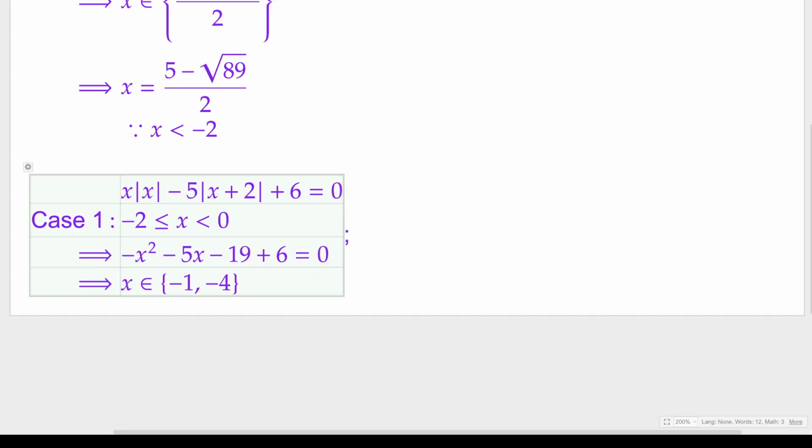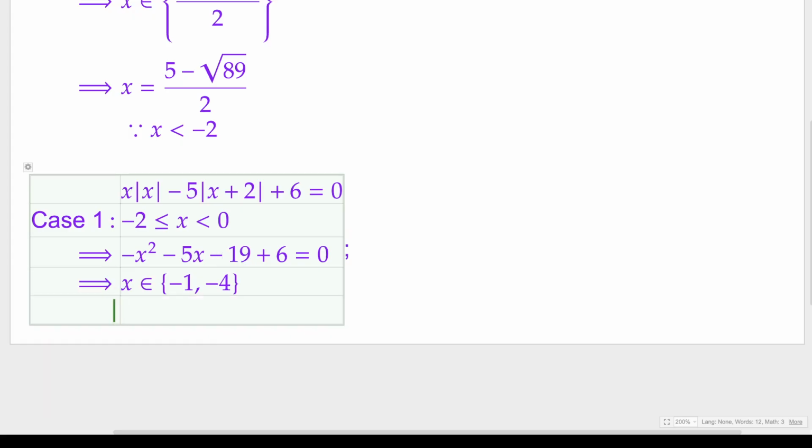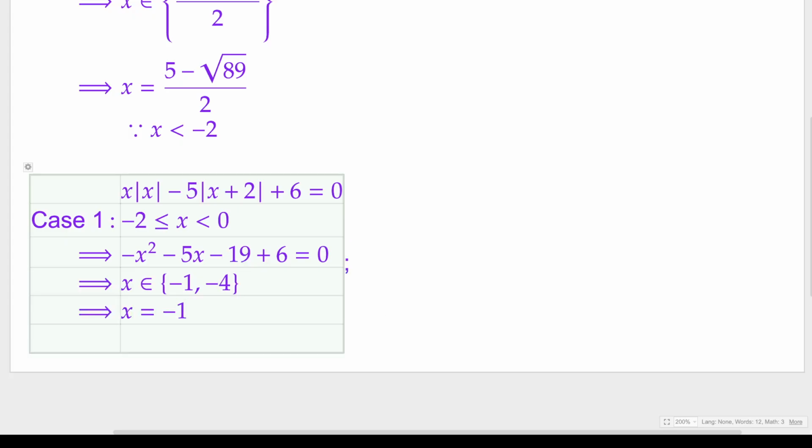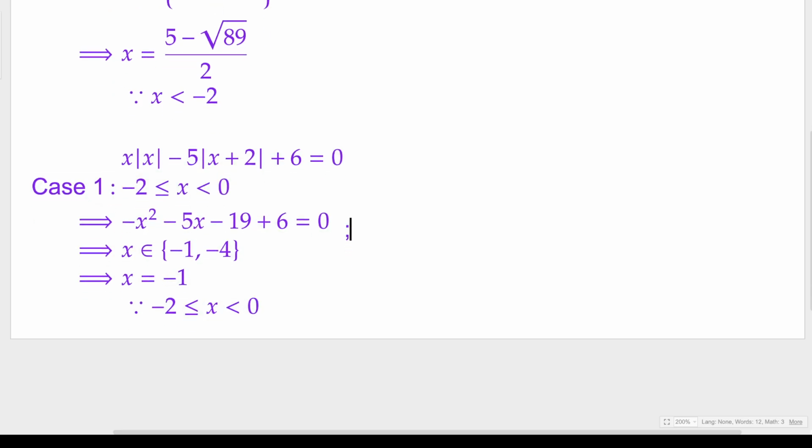Out of these, negative 4 has to be rejected, and the reason is very clear: x has to be within the range of minus 2 to 0, so negative 4 is out of boundary. That's the reason the other root got rejected. Correct. This is case 2 definitely. Now let us go for case 3.